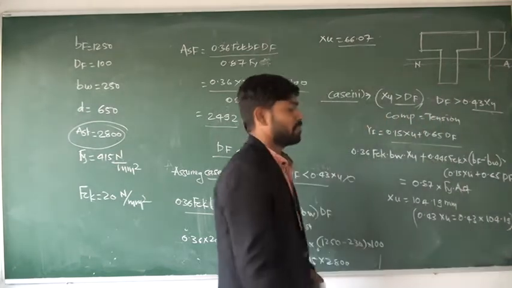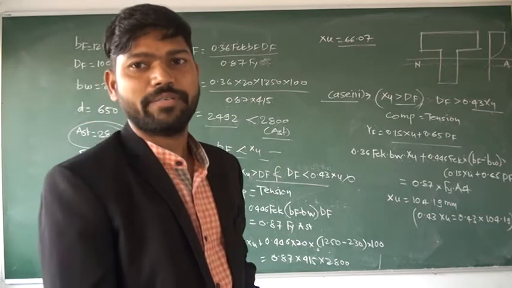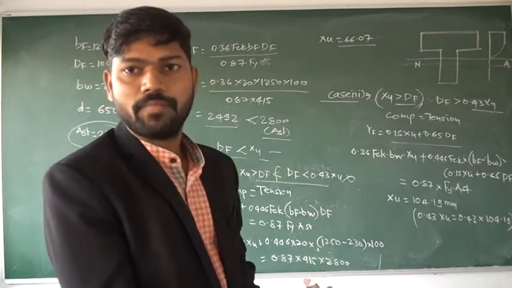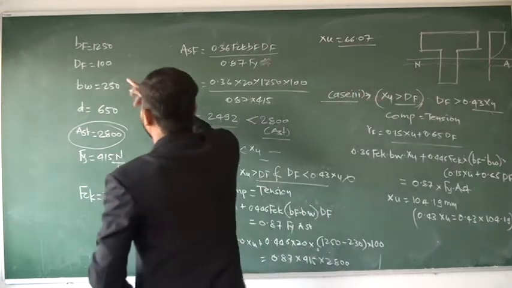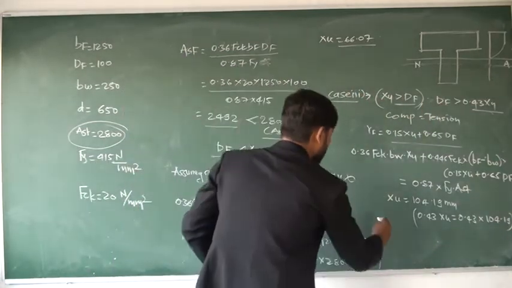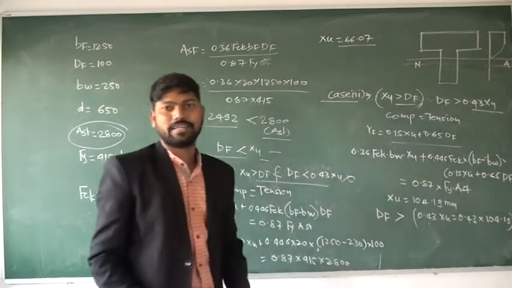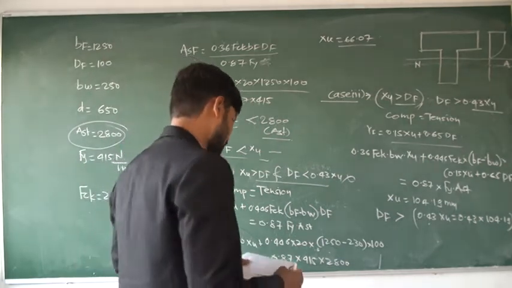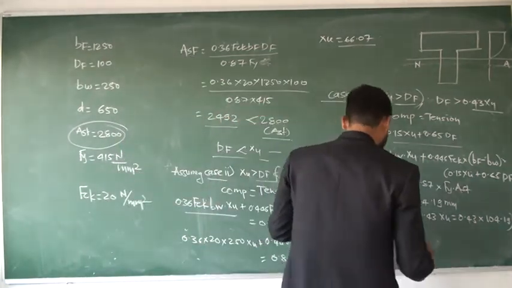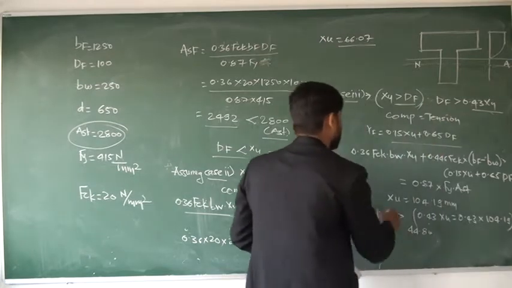It will be close to 45 mm, but the value of Df is 100, so definitely 0.43 xu is less than Df. If you calculate this, yes, it is 44.80. It means it is less than Df.